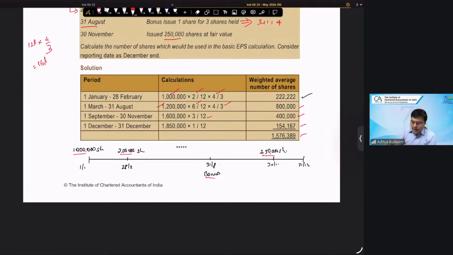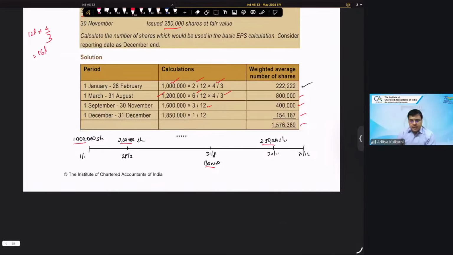Now, if we look at how Lavanya has calculated, I presume she would have done it this way. She would have taken 10 lakh shares are there in existence for the entire year, correct? Yes, sir. So you would have taken into 4 by 3 into 12 by 12. This is the first thing. 10 lakh shares are there for the entire period.